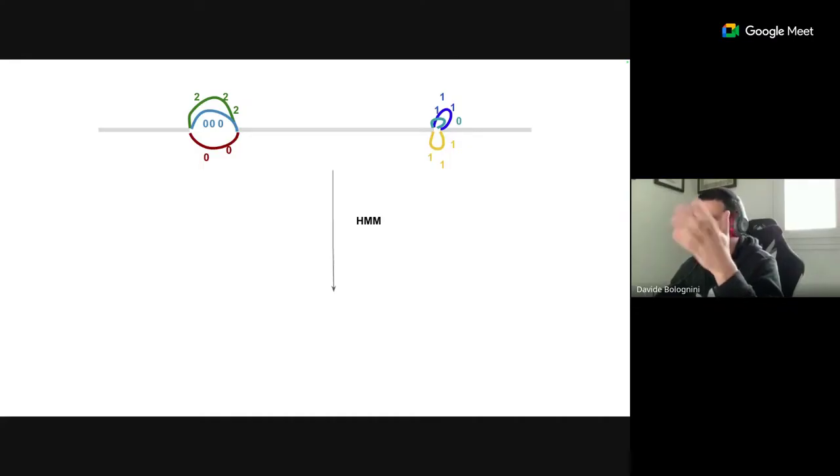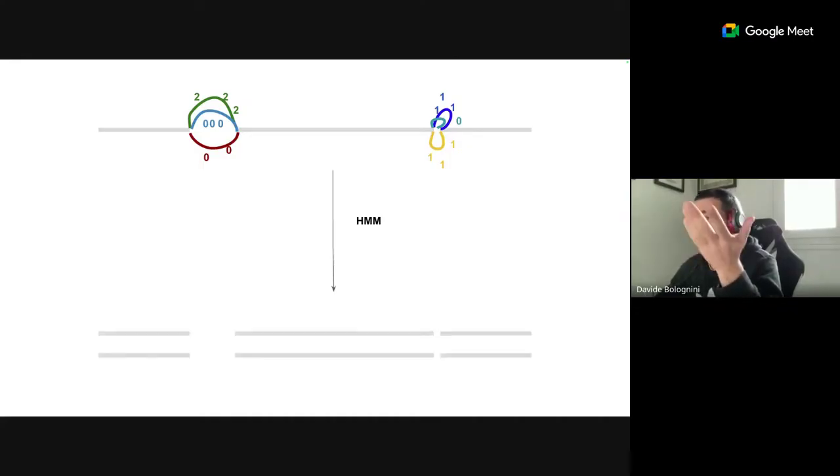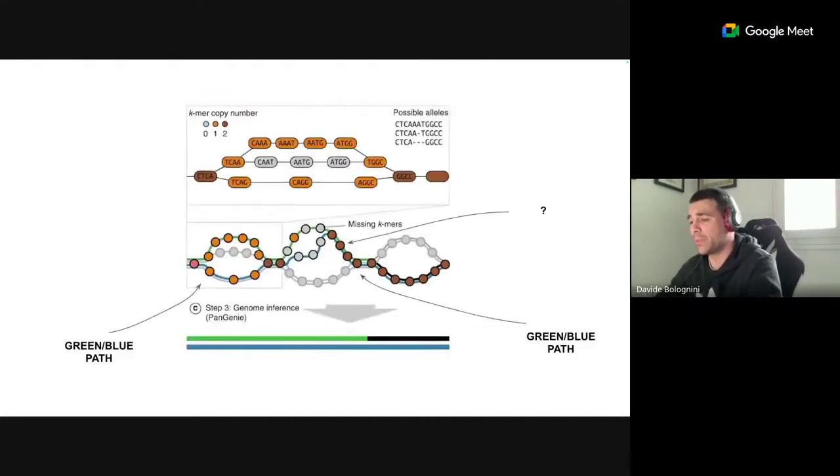Because you observe these counts here, the genotype will of course be green for the first block and yellow-blue for the second block. And the distance between bubbles, as I was mentioning before, is also taken into account in the hidden Markov model. That somehow influences the transition probabilities of the model itself.